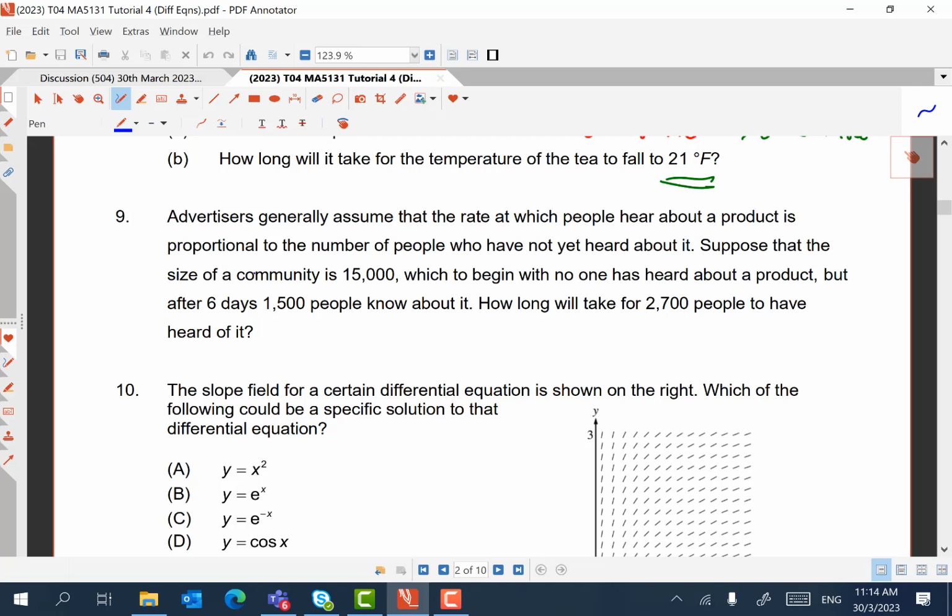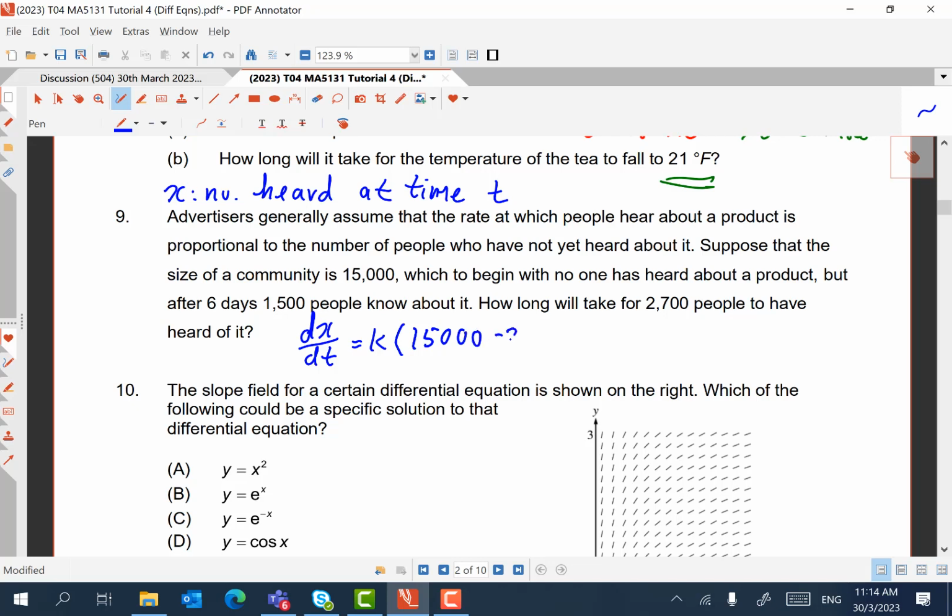So supposedly x is the number of people who have heard about the product at time t. What they are saying is that the rate dx/dt is proportional to those who haven't heard it.